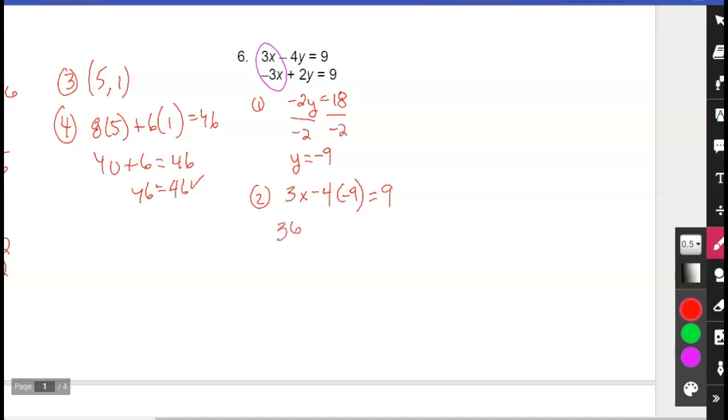So 3x plus 36 equals 9. So I subtract 36, get negative 27. My 3x drops down, divide by 3. X equals negative 9. So I have the same answer for both.